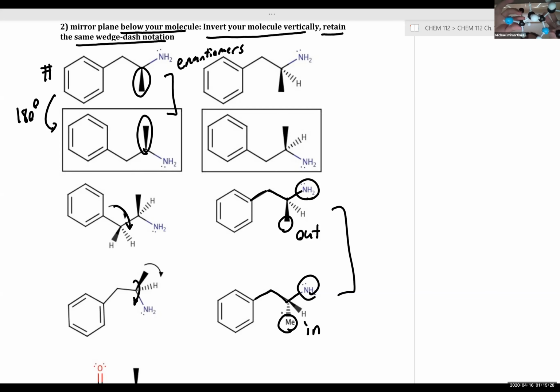So our enantiomer looks something like this, whereas we notice our methyl group is pointing away from us into the page. To showcase that it matches this structure here, we have to flip our entire molecule 180 degrees.